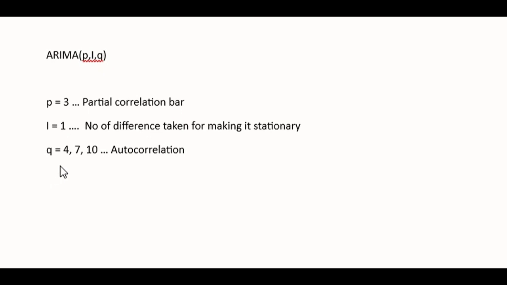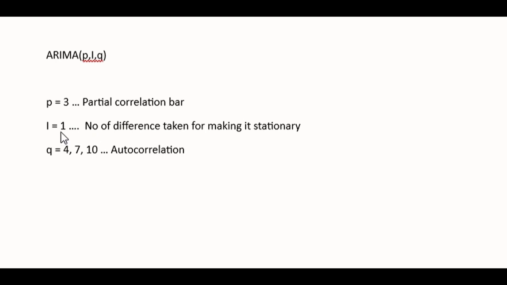As we have seen in the graph that partial correlation bar number 3 is out of range. I represents the number of differences taken for making it stationary. Our data was trendy, so we have to take a first difference to make it stationary.